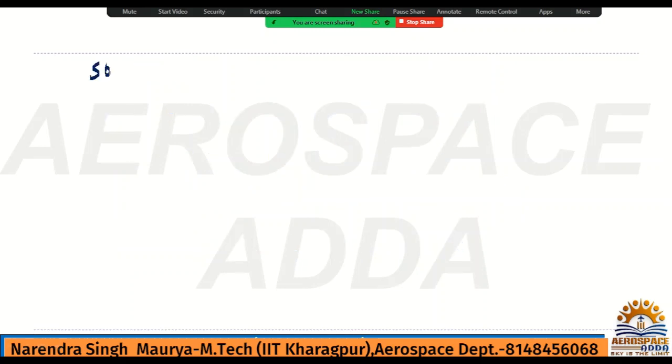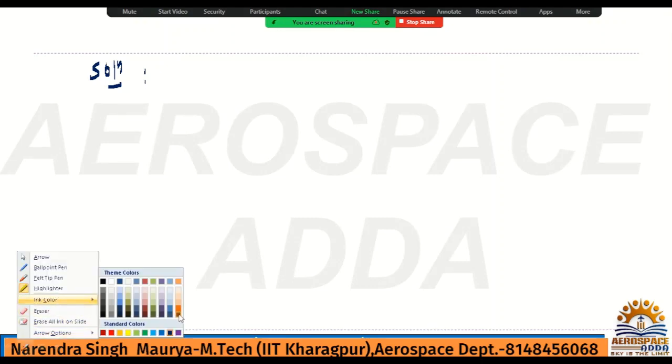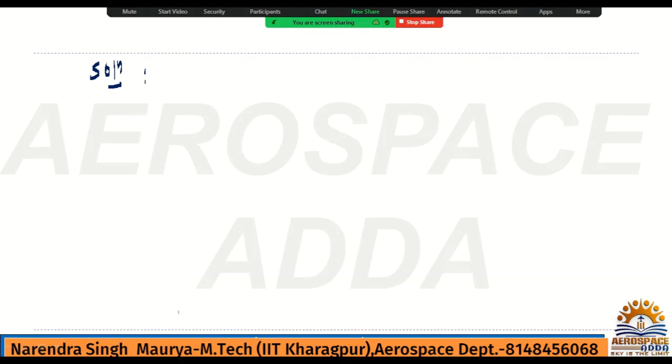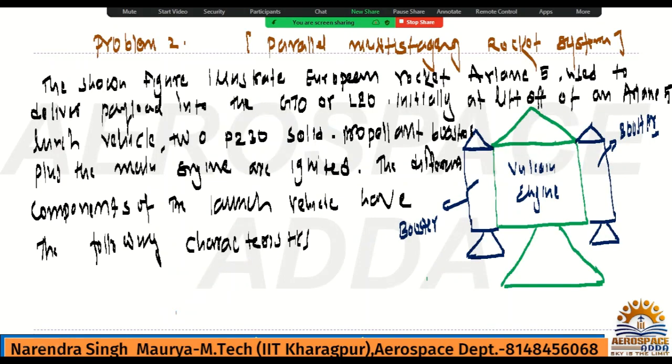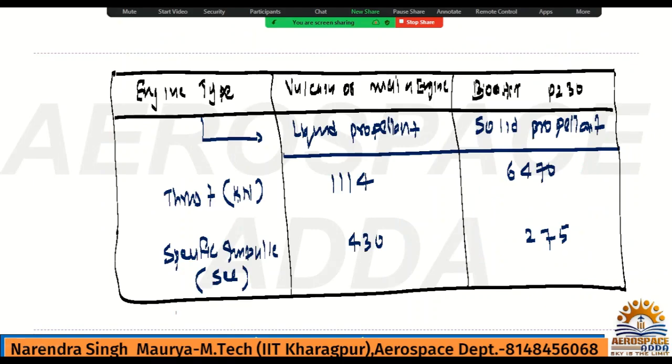So, the solution for this problem. Hope this is very clear to you. Now the problem is very clear to you. I already explained it in the problem, and I have drawn the diagram also. Now it is very clear, this is parallel multistaging. When I solved problem number 1, I told you about series multistaging and parallel multistaging, and how to recognize them. Sometimes in the problem they will mention it, sometimes they will give the diagram with the data.